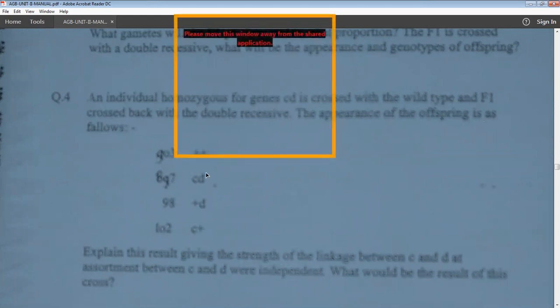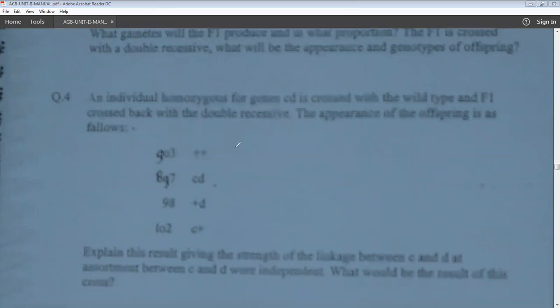We have a total of 903 plus plus, 897 CD, 98 D plus, and 102 C plus.